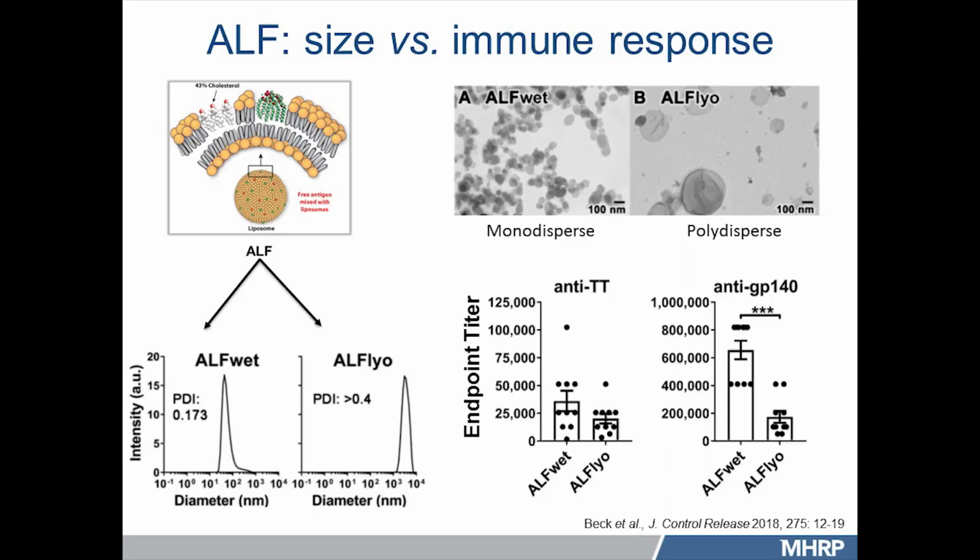Here you see that the endpoint antibody titer against tetanus toxoid is very similar when we use ALF wet and ALF Lyo liposomes. But in case of GP140 antibodies, which is an HIV envelope protein, ALF wet seems to be doing a much better job than ALF Lyo. There is some unpublished data which I'm not sharing here, where we have seen that ALF Lyo works better than ALF wet in certain cases.